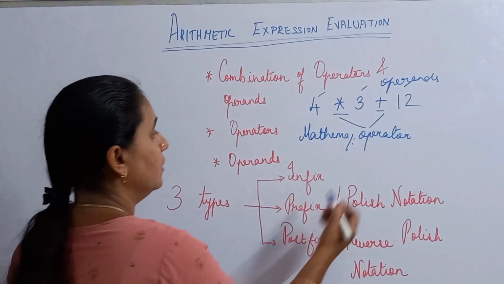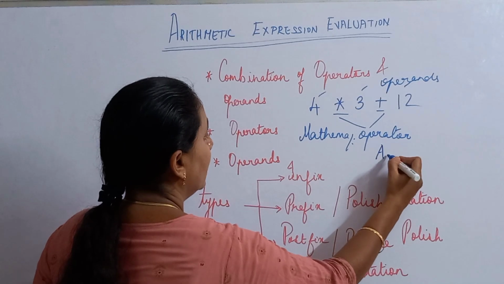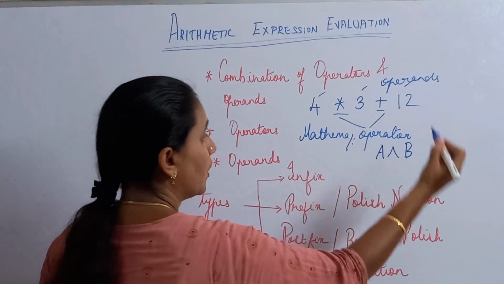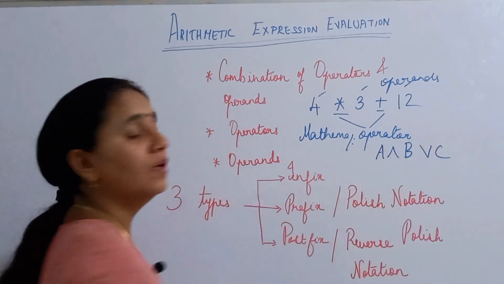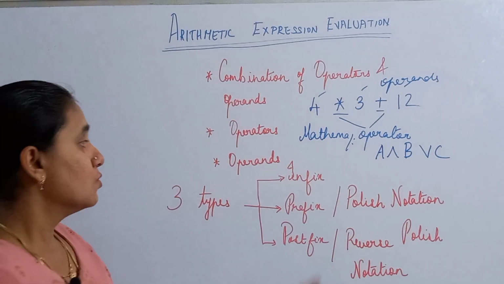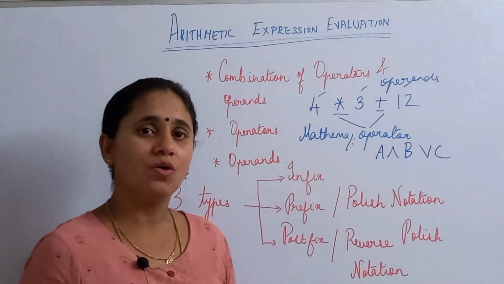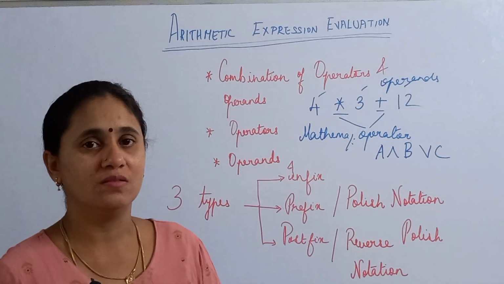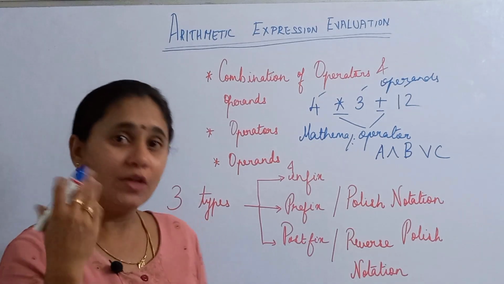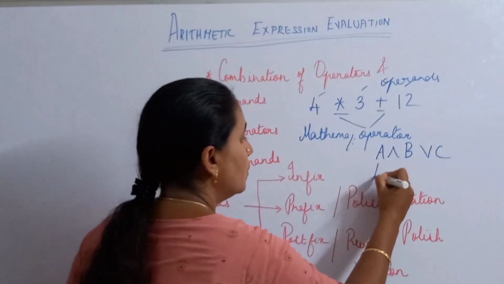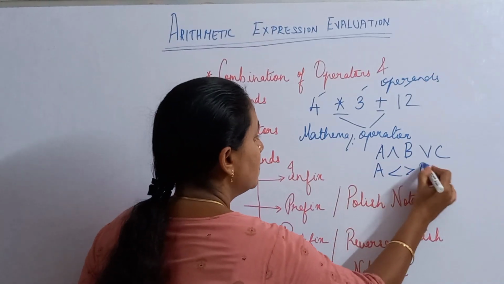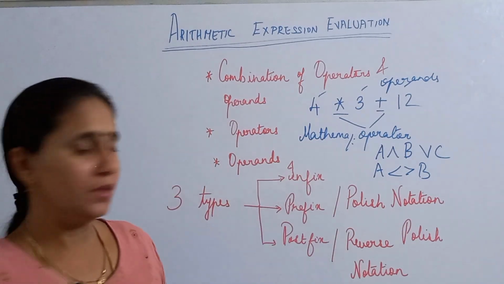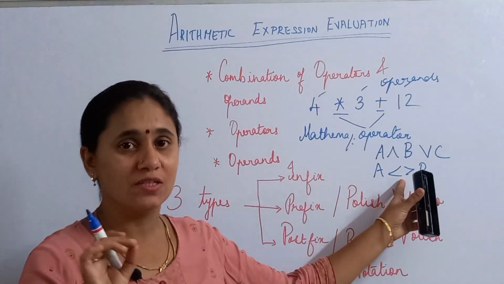For example, we can also write A and B or C. What are these operators called? They are called logical operators. We can also use relational operators. Do you remember this, A not equal to B? This is a relational operator.